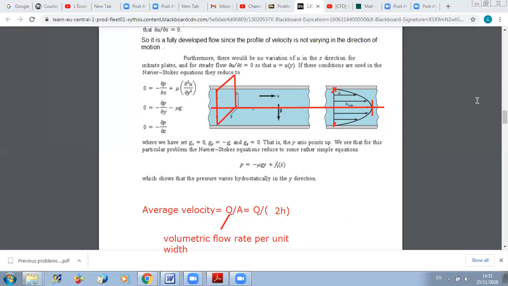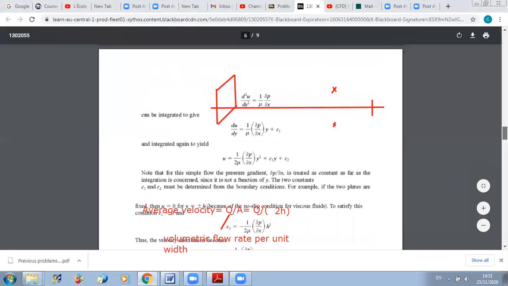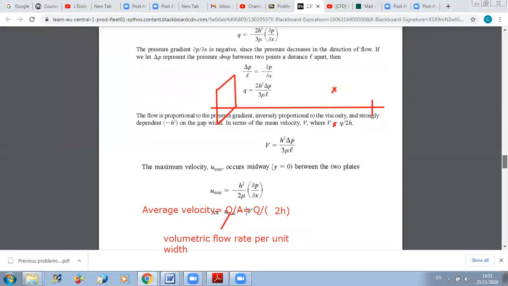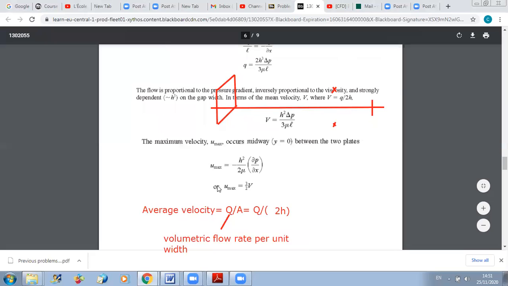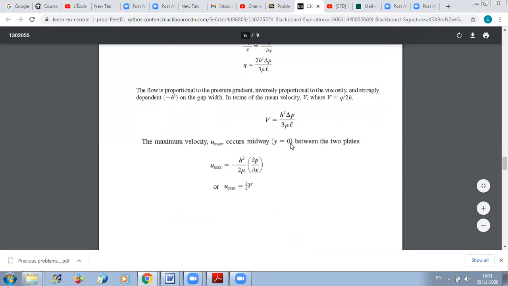So if we look at the values in this problem, U maximum, which corresponds to y equals 0 at the center line, is minus h squared over 2 mu del p by del x, while the average velocity, by dividing Q by 2h, is h squared delta p over 3 mu L, which is smaller than u max. So if you do the ratio, you get that u max is 1.5 times the average velocity.